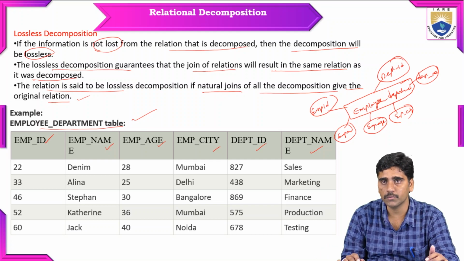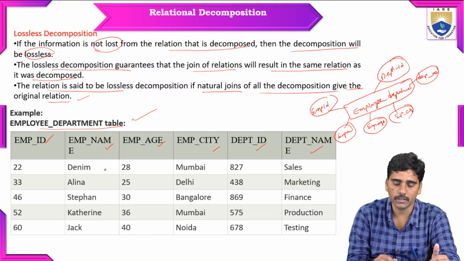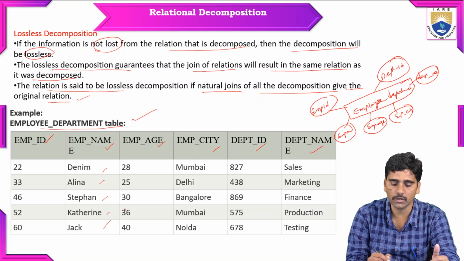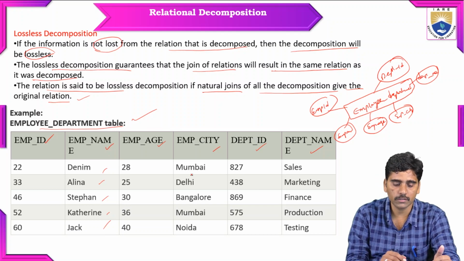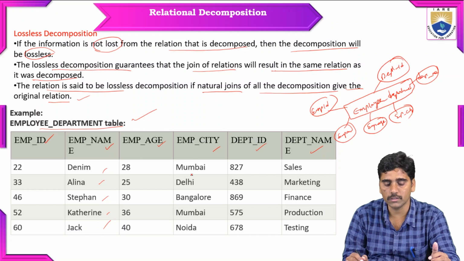For these attributes we have different values like Denim, Alina, Stephen, Catherine, Jack as the employee names, and there are no duplicate values in this table.